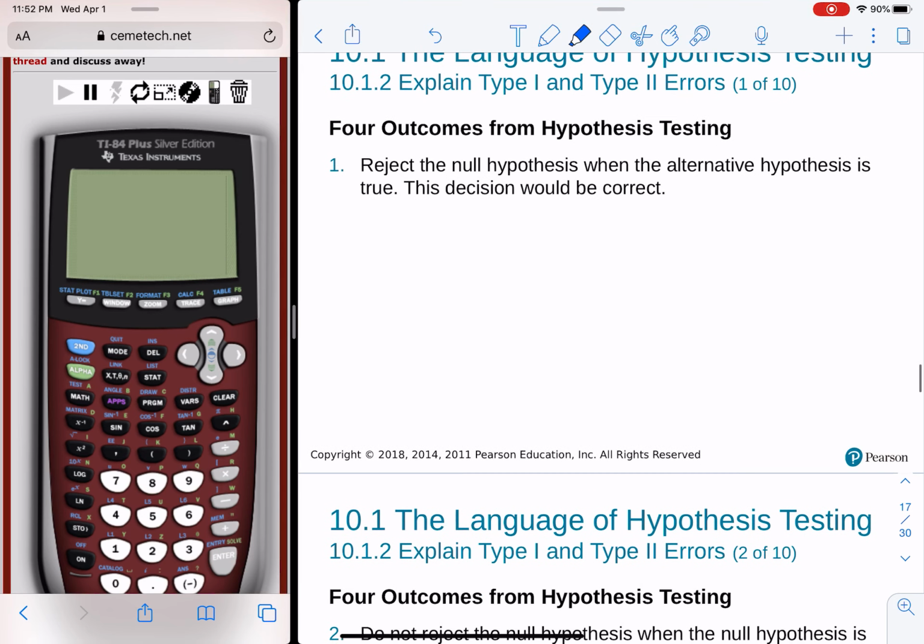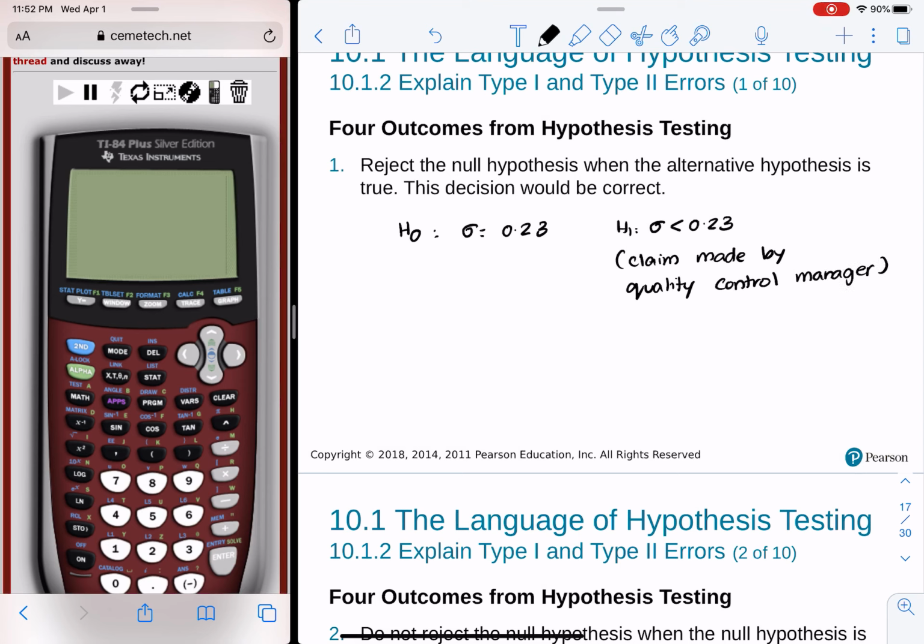So we have the null, so the null is that the standard deviation is equal to 0.23, and we collect data to verify the quality control manager's assertion, and we end up rejecting the null.